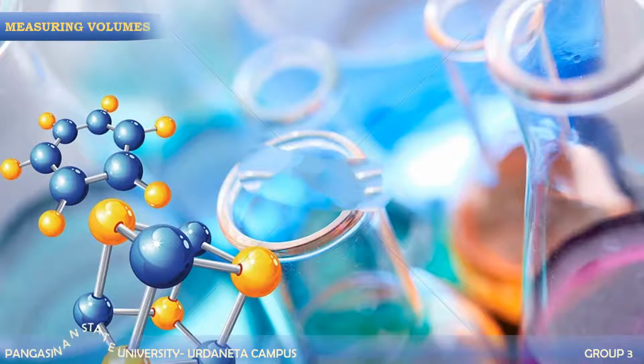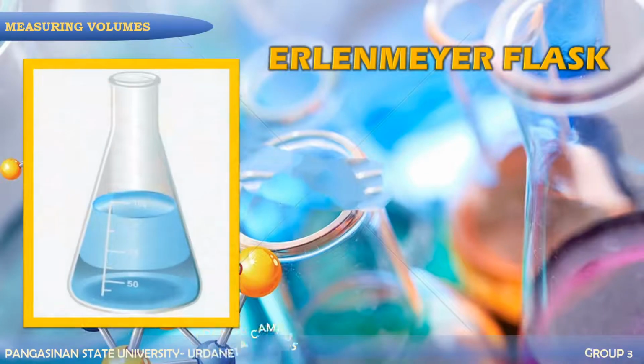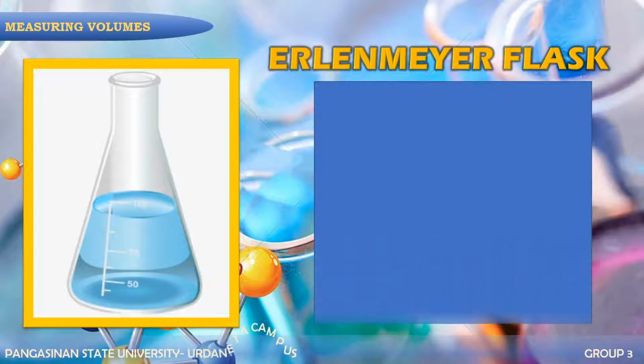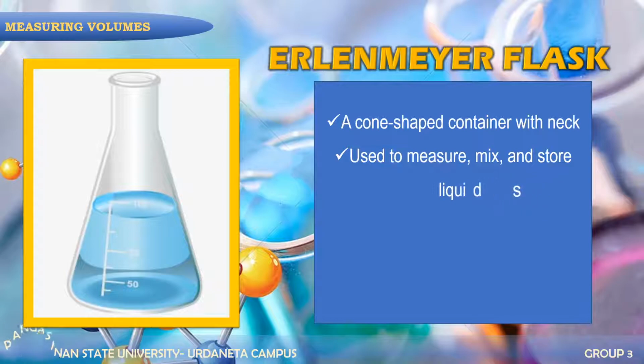I am Germinal Tiligot and I will discuss the instrument used to measure volume, which is the Erlenmeyer flask. An Erlenmeyer flask is a cone-shaped container with a neck, so you can hold the flask, attach a clamp, or use a stopper. Erlenmeyer flasks are used to measure, mix, and store liquids. They are one of the most common and useful pieces of chemistry lab glassware.